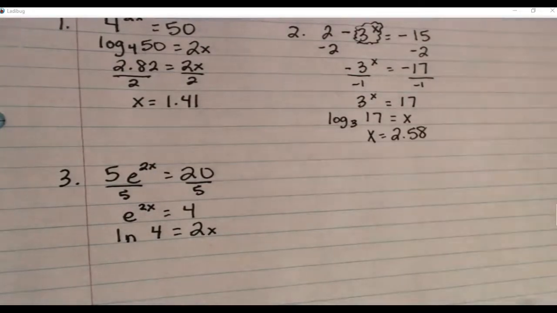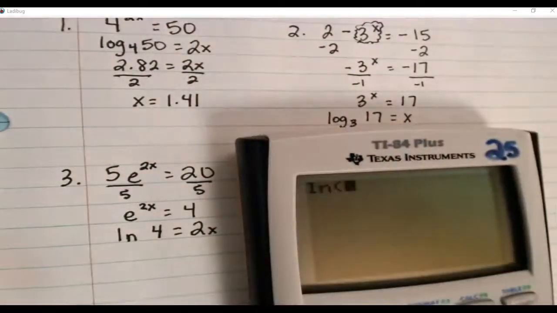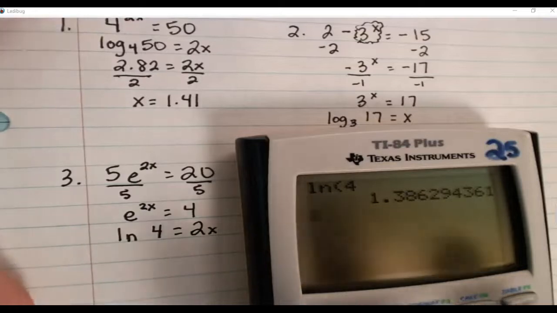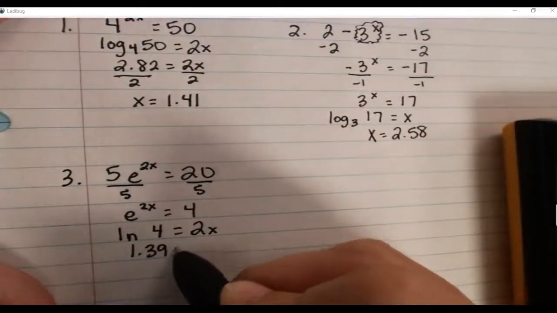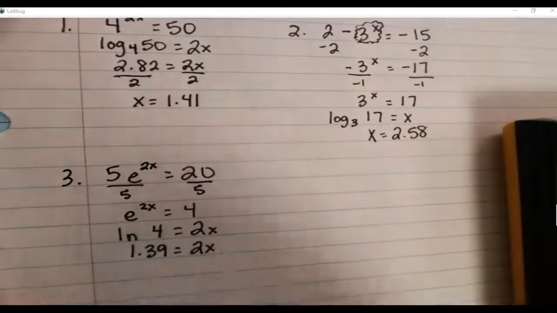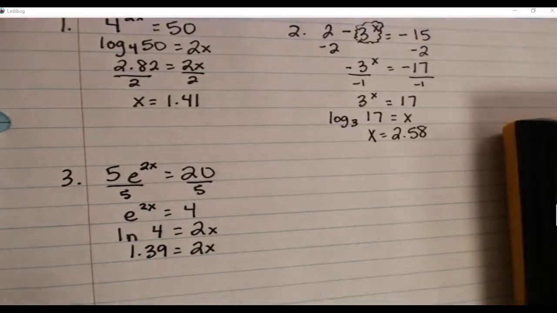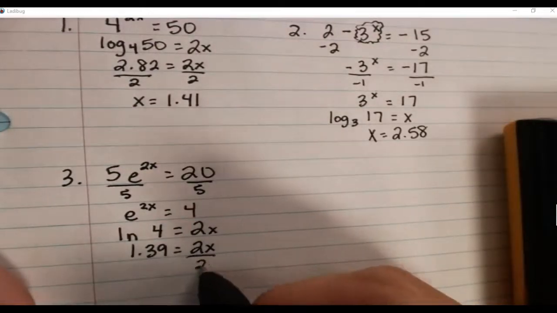Well, I know that ln of 4 is a number, and it's about 1.39. And then what would I do to solve for x? You got it. Divide by 2.